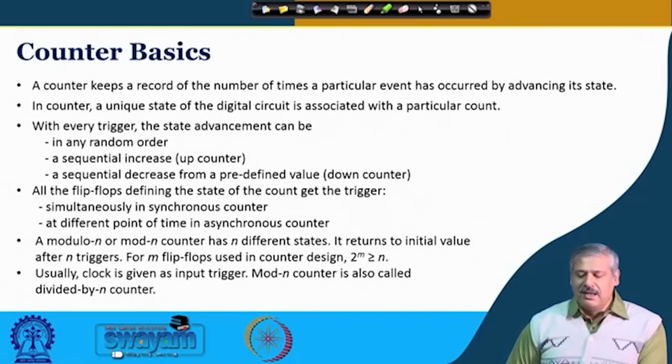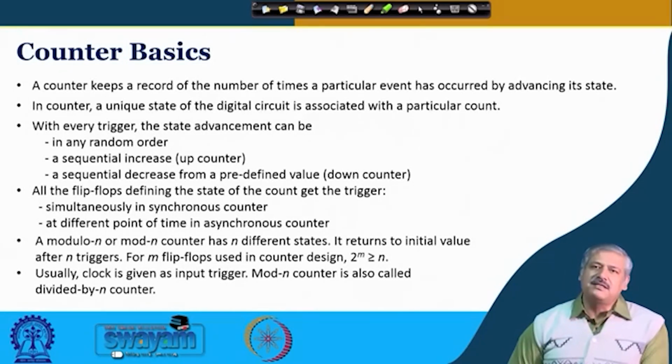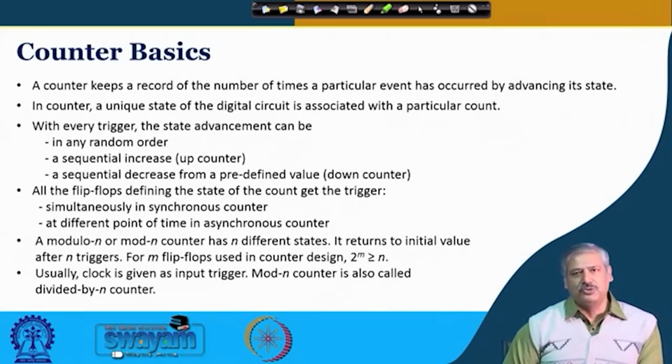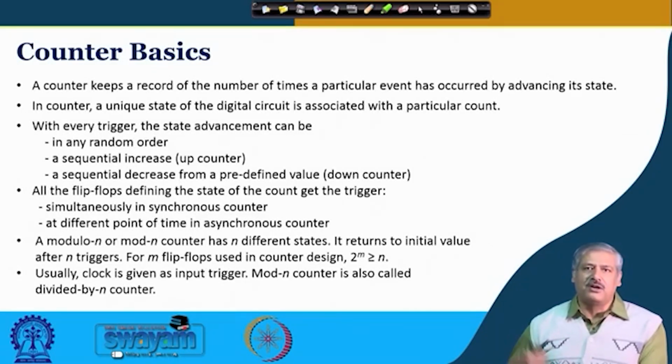And one particular state is associated with one specific count. So, there is a uniqueness in this. A specific state is associated with one count, and the advancing of state may be in sequential order.